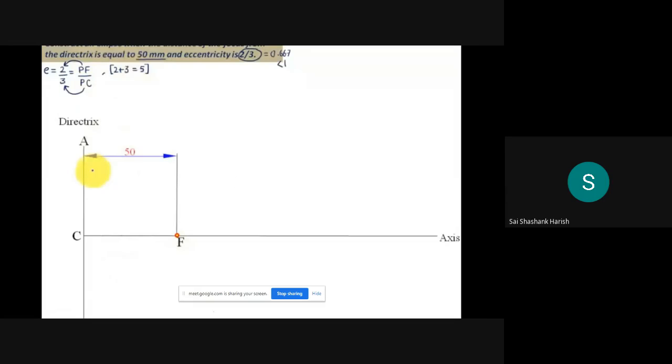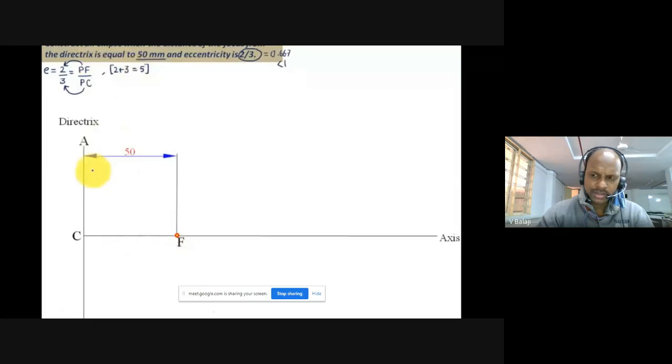Sir, is buying the drawing board necessary? It is required because your household tables are very rough and very hard. If you keep a drawing sheet on it, the pencils we are using are soft grade pencils, so the exact impressions may not reflect on the drawing sheet.